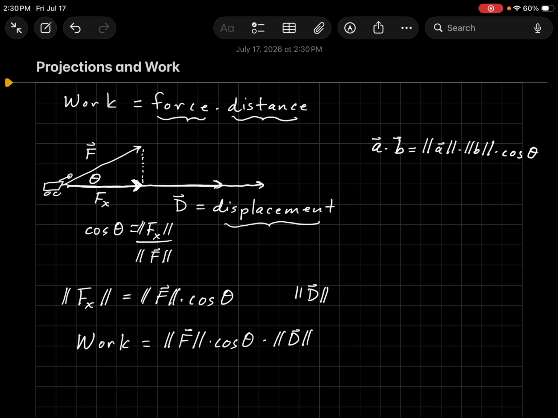Rearranging a little bit, and using this fact up here, we see that our work is the dot product of force times displacement.